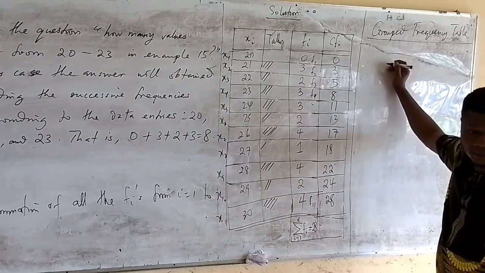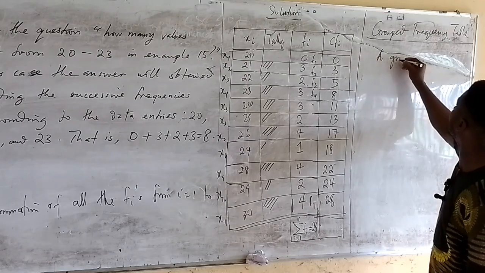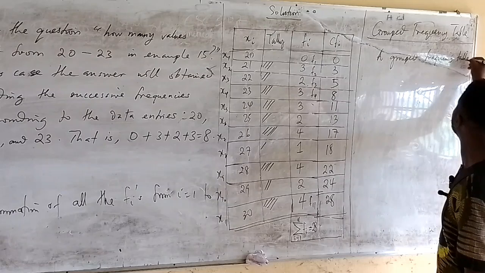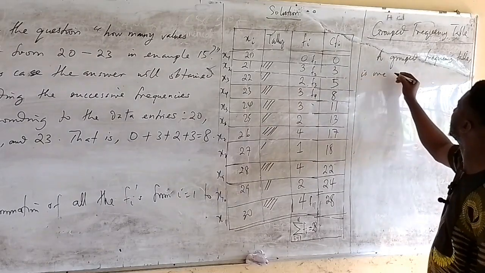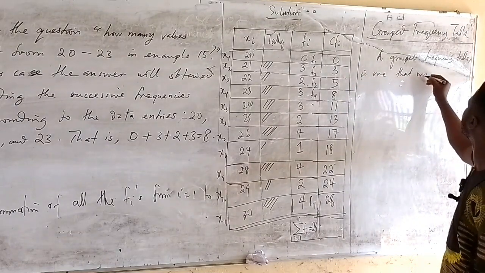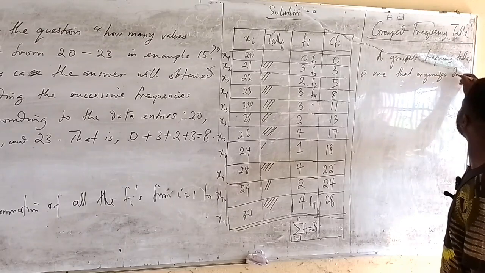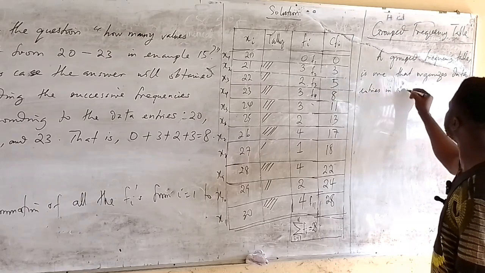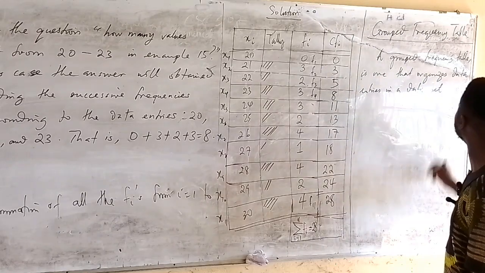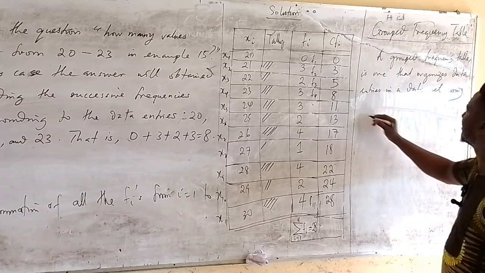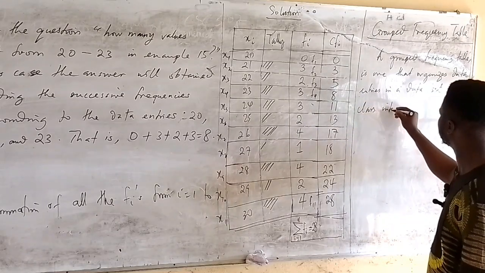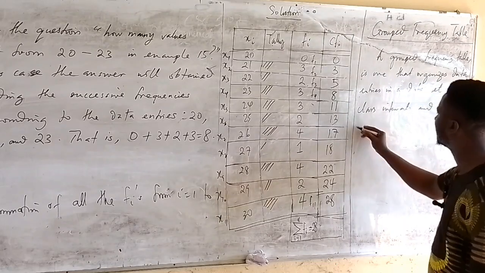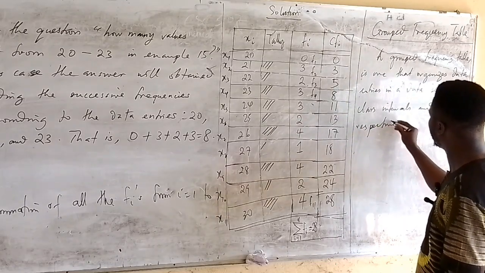A group frequency table is one that organizes data entries in a data set using class intervals and their respective frequencies.